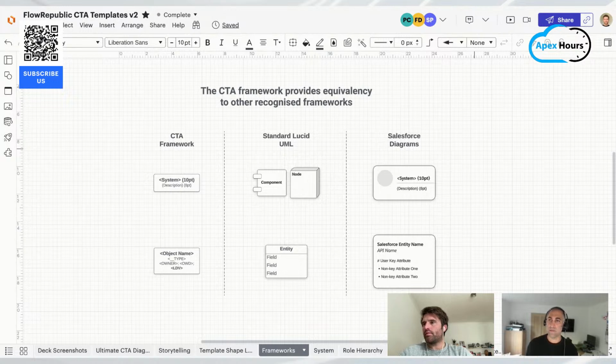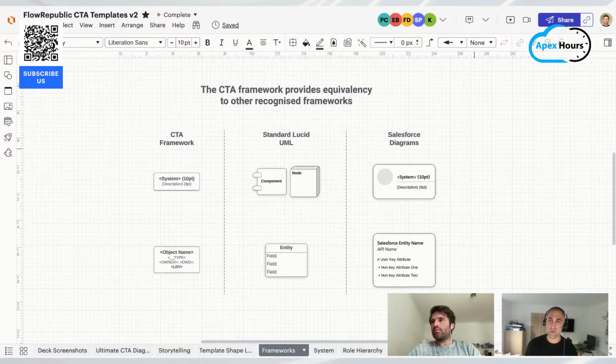Now, typically, whenever we as Salesforce architects are looking to describe an artifact or describe a concept, we're looking at one of those 2 things. And these days, it's becoming increasingly popular, and best practice, to use the Salesforce diagrams.